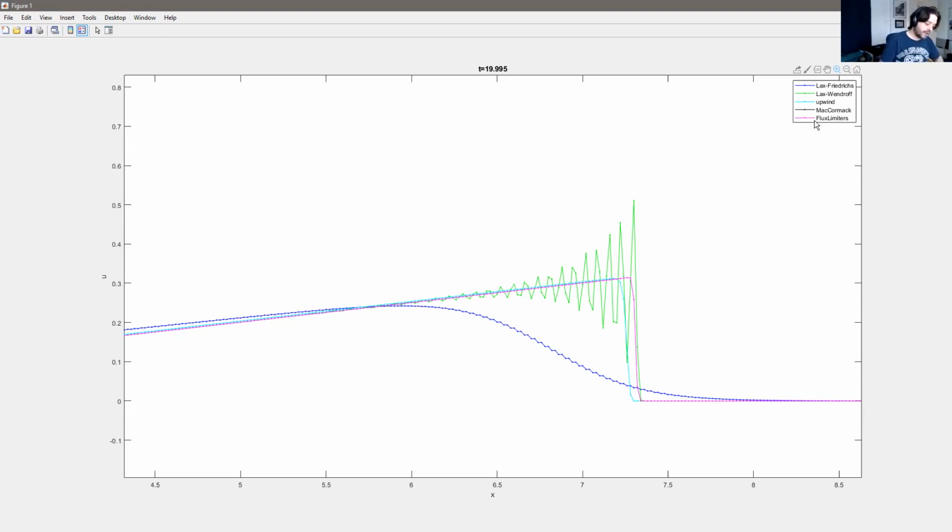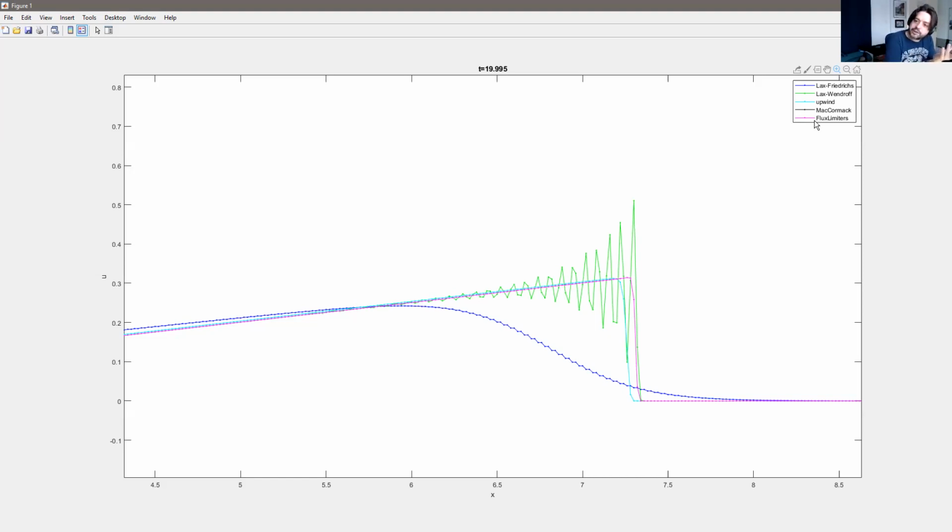So you would essentially have a sensor inside your solution step that senses whether you start to get wiggles. And if you get wiggles, you switch back to the low order scheme.